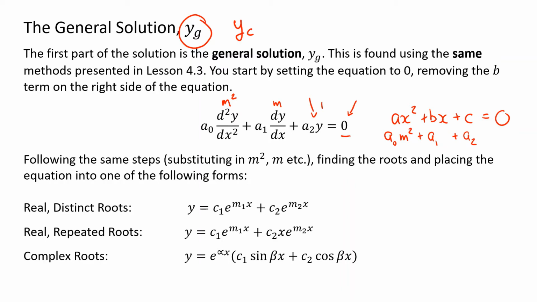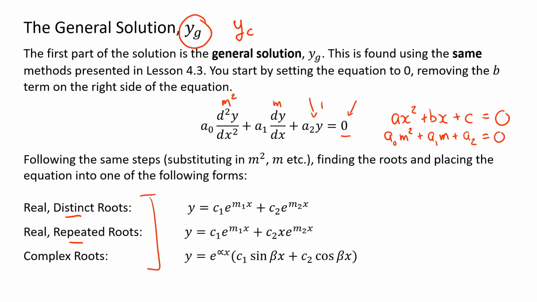Remember, I put an x here, this should say m. Using this, we find the roots either by factoring if there are real and distinct roots or repeated roots, or the quadratic roots formula. And you can use the quadratic roots formula for all 3 here. It's totally up to you.